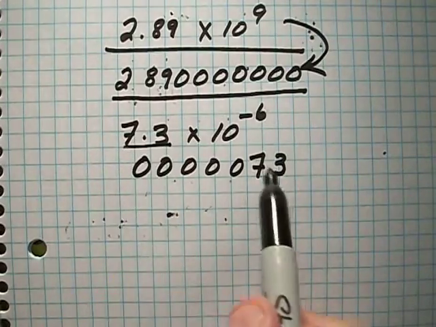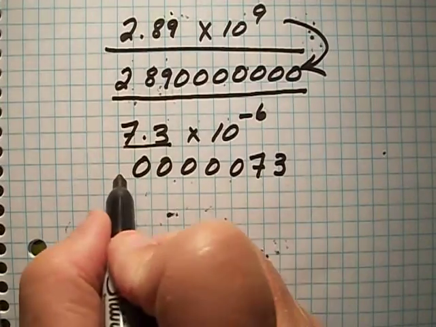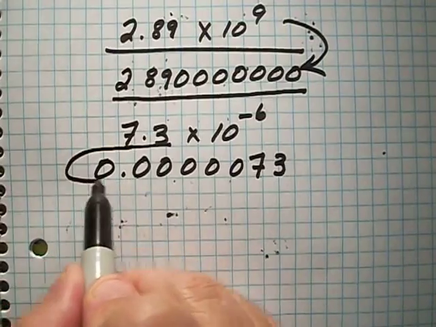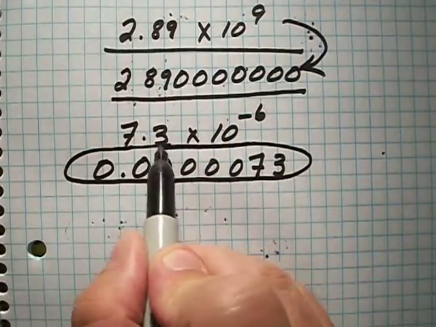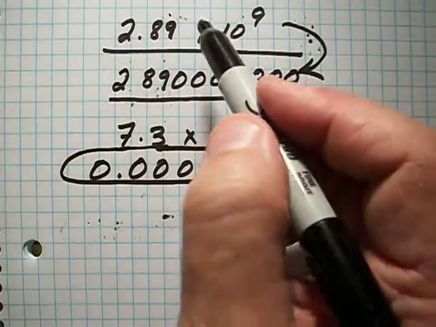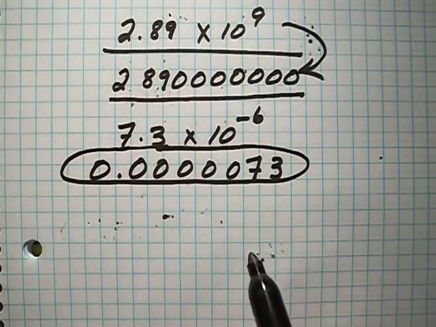Okay, this is the original number. We start here, 1, 2, 3, 4, 5, 6. Our decimal goes here. And this is our original number, the really small number. So this is standard form, this is scientific notation, standard form, scientific notation, standard form.